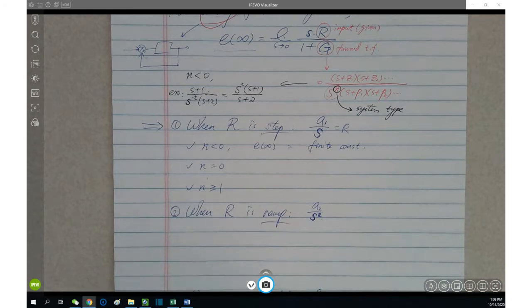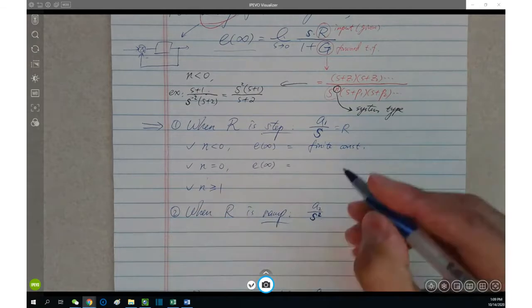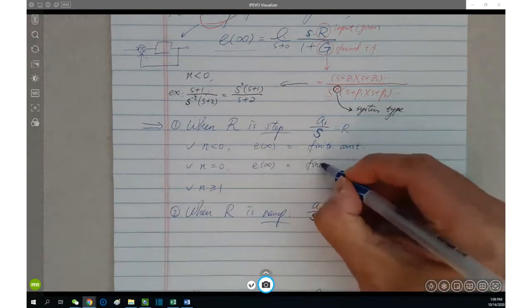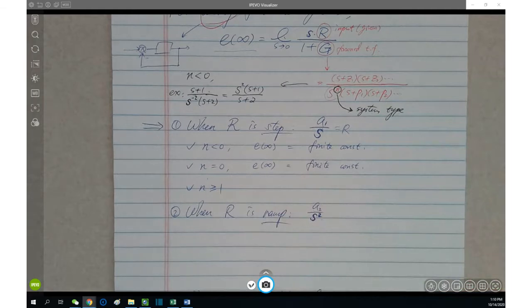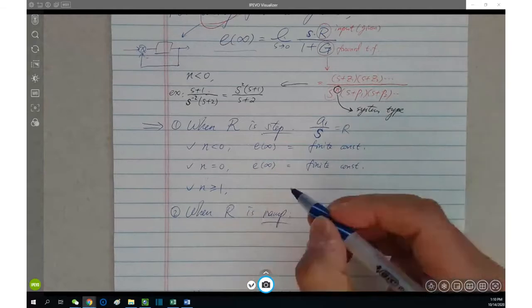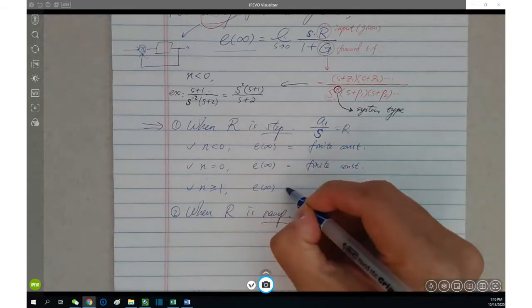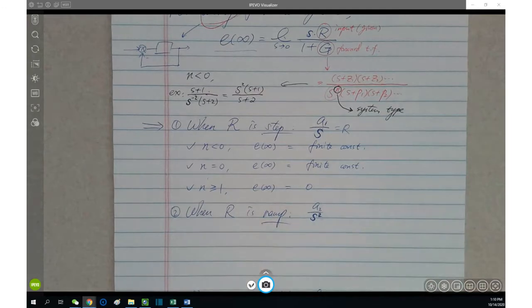And when n is equal to 0, the steady state error is going to be a finite constant as well. And when n is equal to or greater than 1, the steady state error is 0.